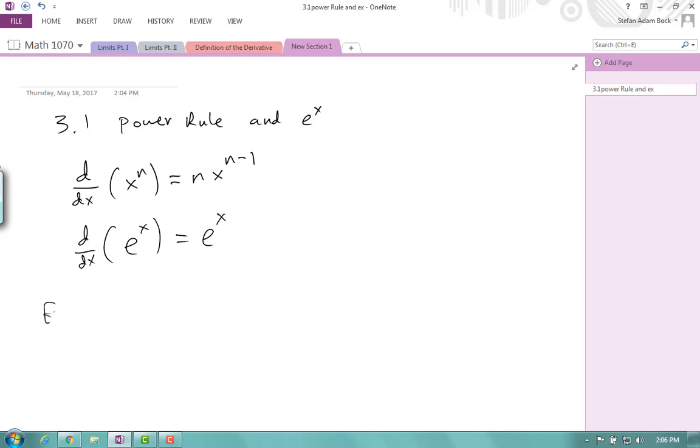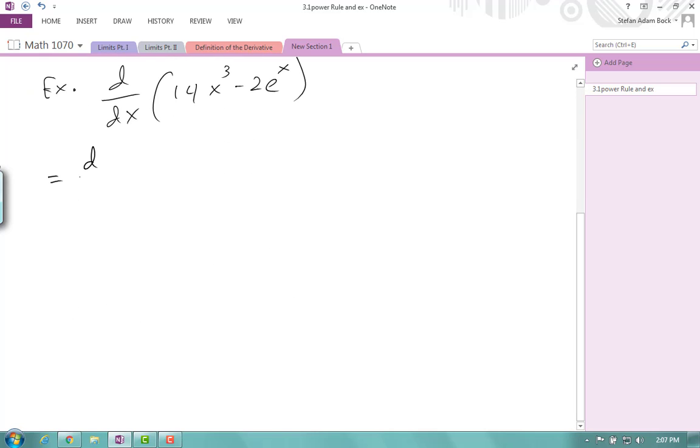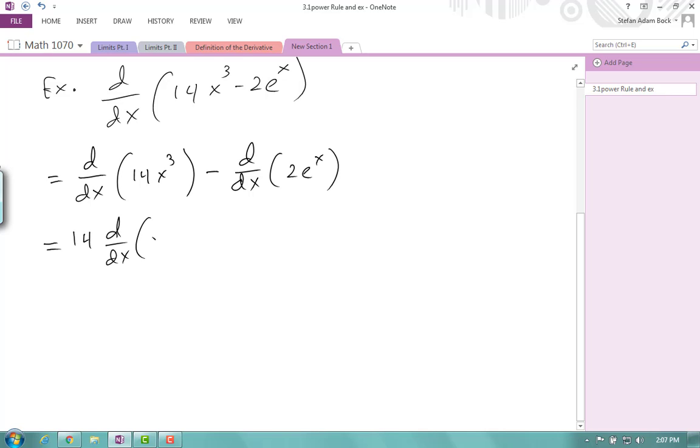So according to some of the properties we had in the previous section, if I'm looking for the derivative of 14x cubed minus 2e to the x, this is the same thing as the derivative separately of 14x cubed minus the derivative of 2e to the x, which is 14 times the derivative of x cubed minus 2 times the derivative of e to the x.